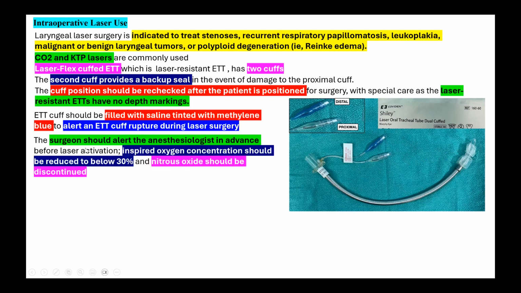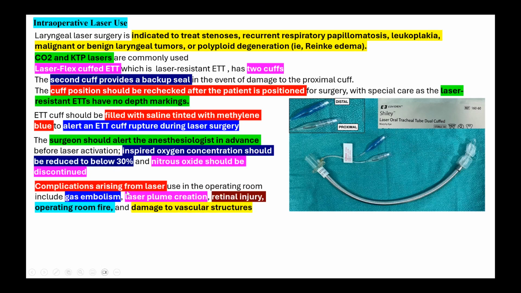And supposing that sort of complication has happened, the surgeon should alert the anesthesiologist in advance. The inspired oxygen concentration should be reduced to 30%. So one of the important things that you have to do in the immediate treatment of laser fire is reduce the oxygen concentration, because high concentration will further enhance the fire, and nitrous oxide should be discontinued.